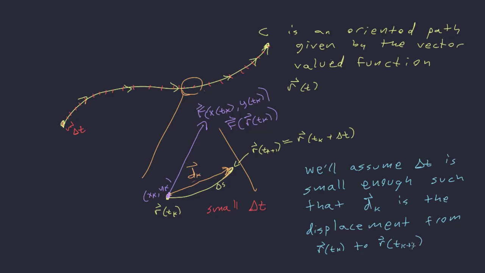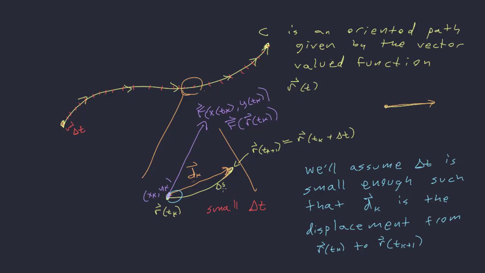We can make that assumption because we're going to get delta t small enough that they're eventually going to be very similar. In fact, if we zoomed in even closer, eventually it just looks like a line, and when you make a vector on top of it, it's essentially the same thing. This is exaggerated so you can see what's going on.